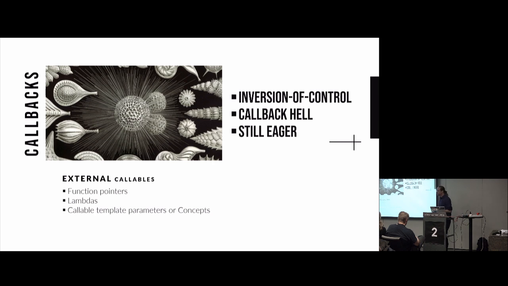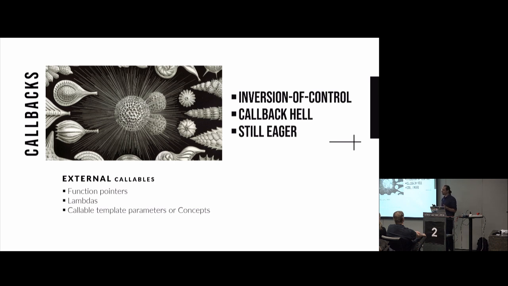The first one might be called inversion of control. Essentially, we're letting library code call external code that is not necessarily trustworthy or valid or correct, and we're still in the middle of computation. The second thing you can call callback hell, which is when the flow of your program is skipping between decoupled parts of your code.